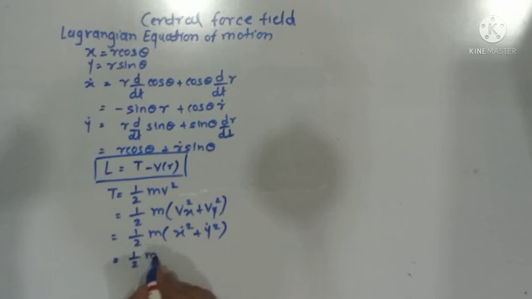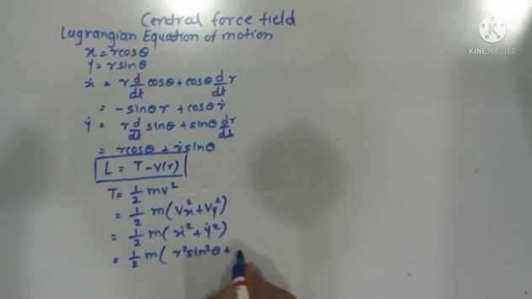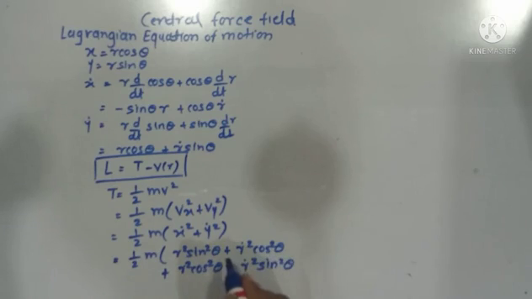I will write it as x dot square is r square sin square theta theta dot square plus r dot square cos square theta, and plus y dot square's value, which is r square cos square theta theta dot square plus r dot square sin square theta.